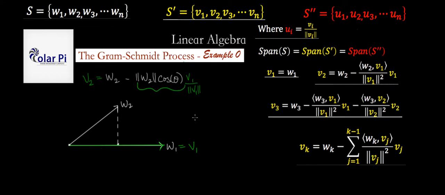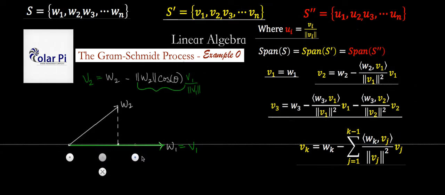And then we have this quantity here, which we haven't talked about. Notice that the length from here to here is the length of v1 or w1, as they are equal. But this quantity here is v1 made a unit vector. So assuming that the length of v1, and therefore the length of w1 to start with, was longer than 1, the quantity v1 divided by the norm of v1 could look like this.